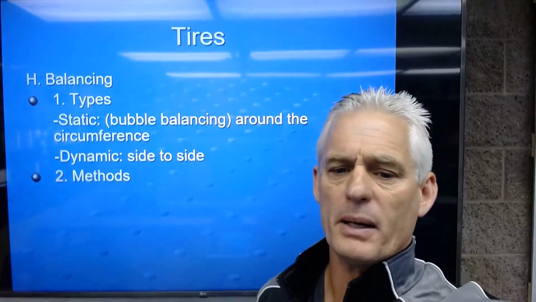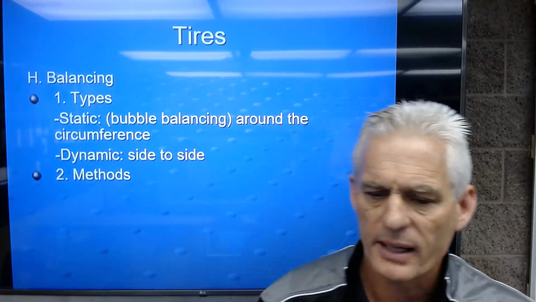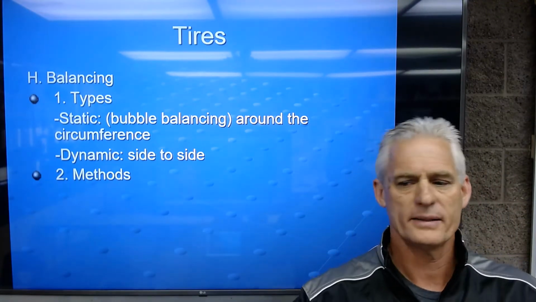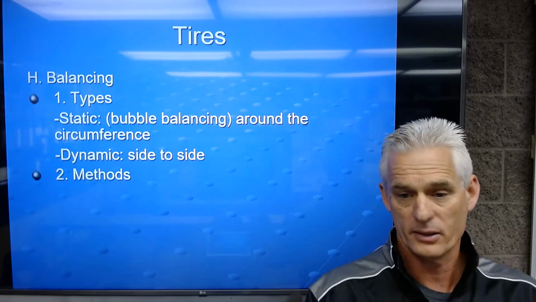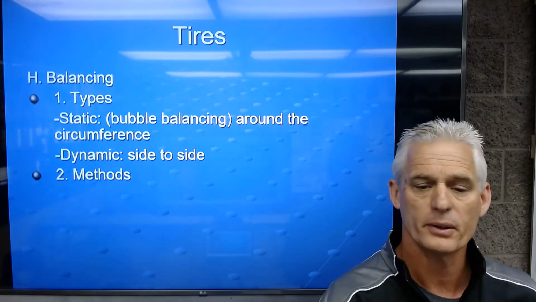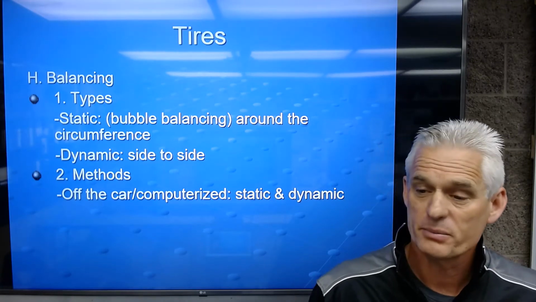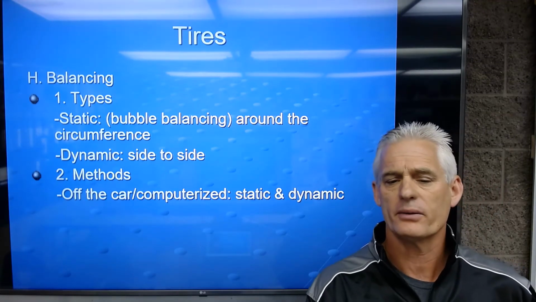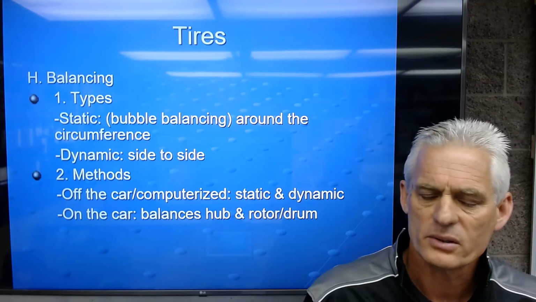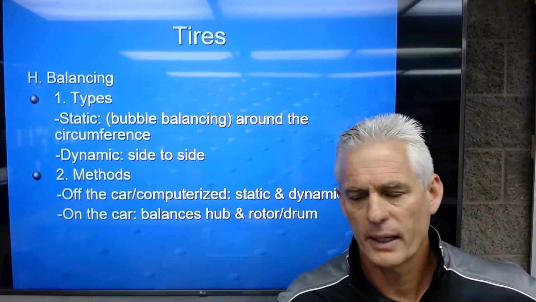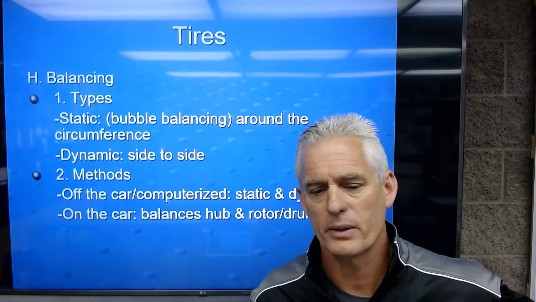Our computerized balancer will calculate both static and dynamic imbalance at the same time and tell you which side of the tire to put the weight, how much to put, and where around the circumference to put it. So we can balance off the car with a computerized machine that does static and dynamic together, or we can balance the tire on the car, which balances the hub and rotor and drum combination, depending on what you have.